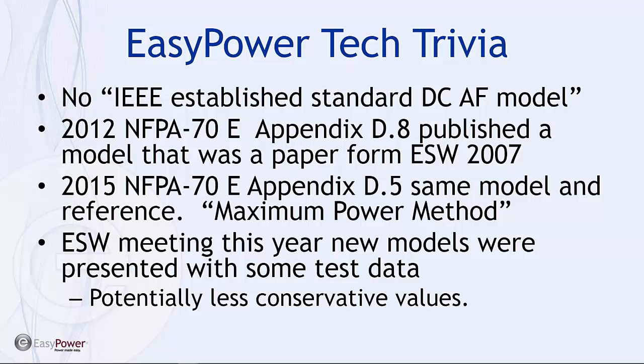Because these new models, as reported, had more alignment with empirical measurements, the advantage may be that the results should be less conservative than we've seen from the maximum power method.